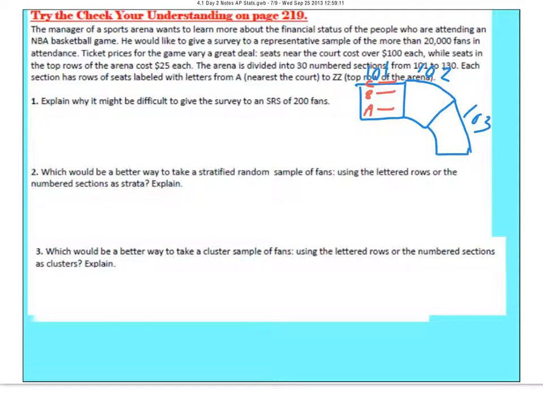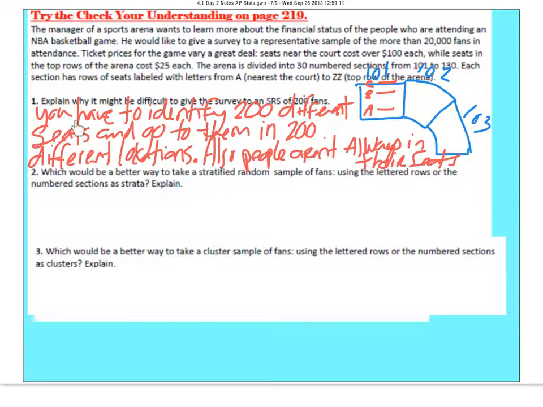This might be difficult to do because you'd actually have to go out and track down every individual throughout the entire stadium. So basically, you'd have to identify the 200 different seats and go to them in 200 different locations. That is going to take you some time to go all around this stadium. Also, people are not always in their seats, so if you pick 200, you may not actually find those folks.